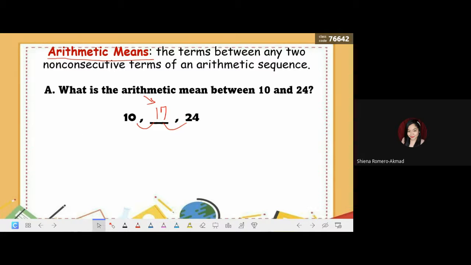Okay? So that's one way para i-check kung yan ba ay arithmetic mean or hindi. So, let's say, 10 tsaka 17. So, their common difference is 7. While 17 and 24, ang difference nila is also 7.